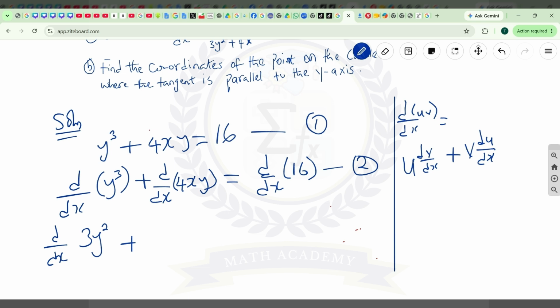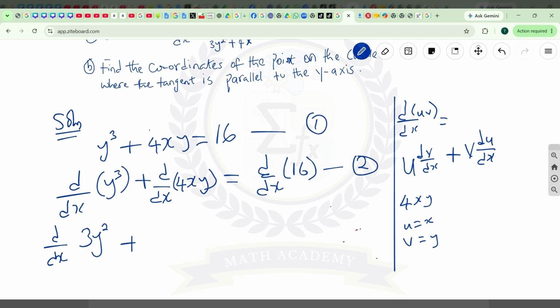This simply means that I'm now asked to differentiate 4xy. u is equal to x and v is equal to y.